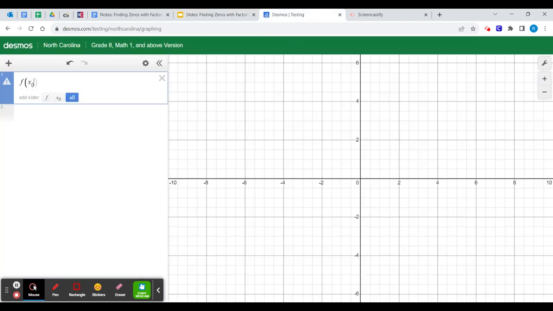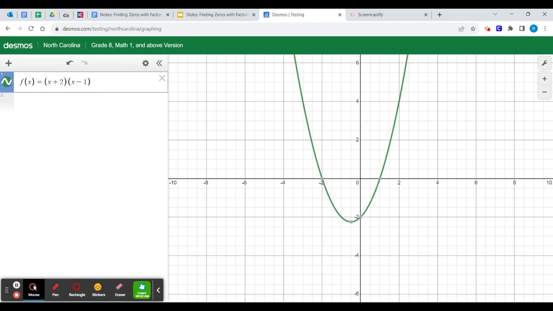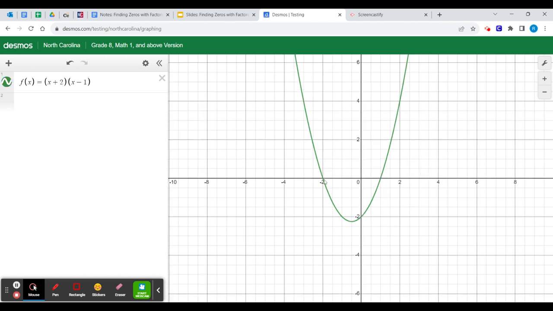We get f of x equals x plus 2 times x plus 1. If we look at our graph, we see that we have a 0 at negative 2. That's an x-intercept there. And a 0 at 1. So we've got two different zeros there, negative 2 and 1.